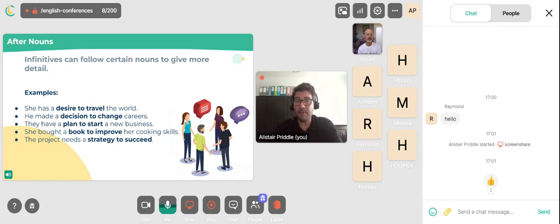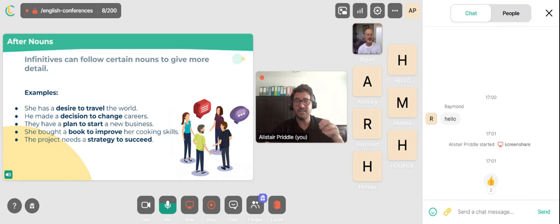They have a plan to start a new business. She bought a book to improve her cooking skills. The project needs a strategy to succeed. So we've got some examples there that use the full infinitive after a noun to give more detail.